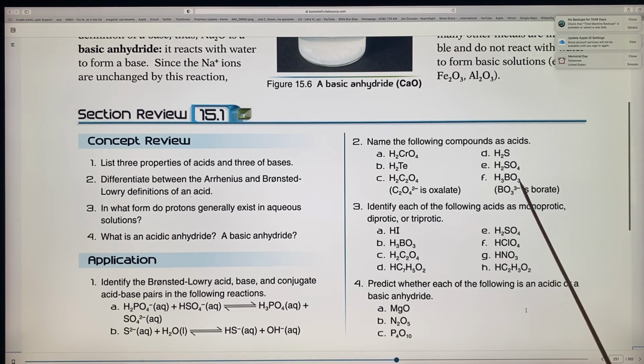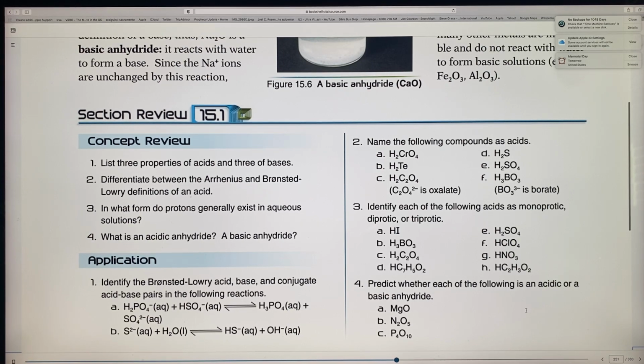So it'll be hydrosulfuric acid, ic. This is hydroboric acid. This is borate. Here it says borate. So it's going to be hydrogen, hydroboric. Here's hydroboric, ate to ic, right? If you're going to have ic or ate at the end.